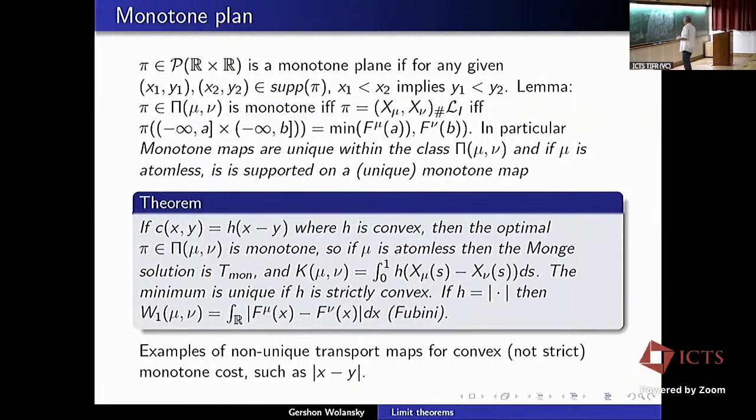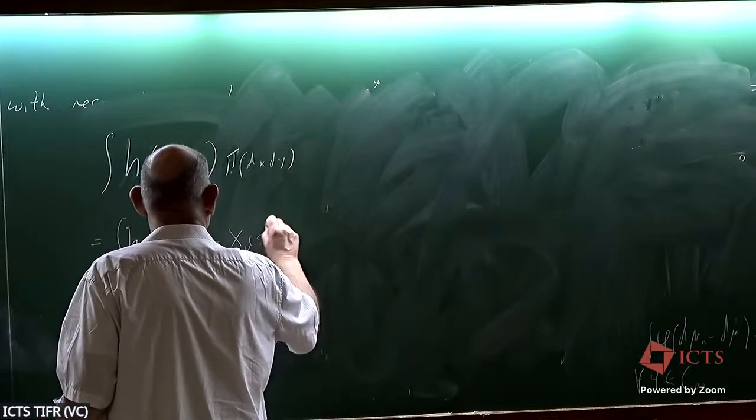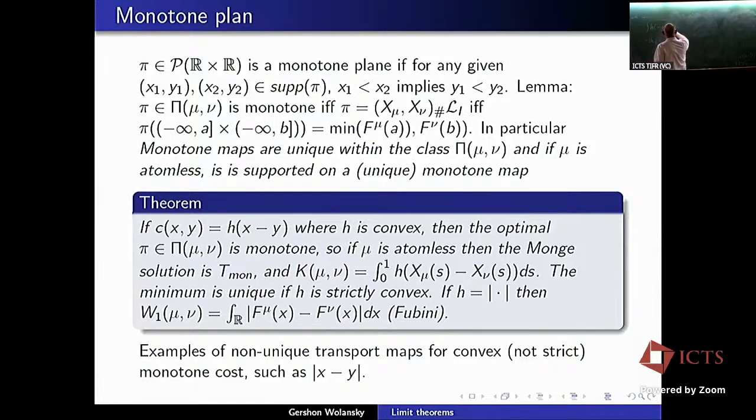If we use this definition of pi, we can replace pi by the push forward of the Lebesgue measure with the function X_mu, X_nu. So this will be equal to the integral of h of X_mu of x minus X_nu of x. And that's precisely what is written here.